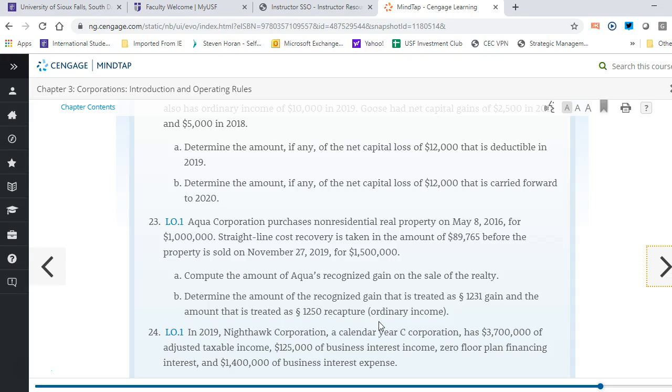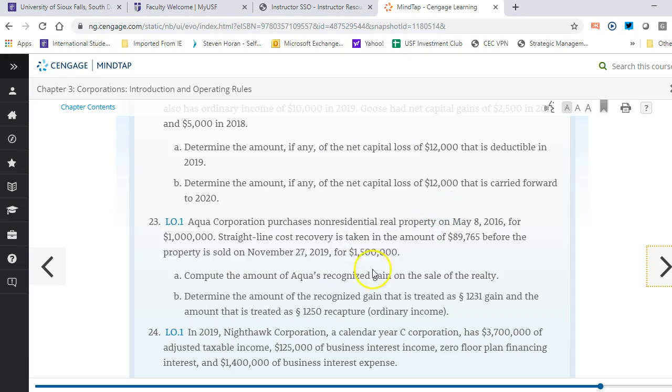So the Section 1231 gain is 571,812, and I'll let you know how we get to that. And then the Section 1250 recapture is 17,953. Here's the key part: we are limited to 20% of the recapture.